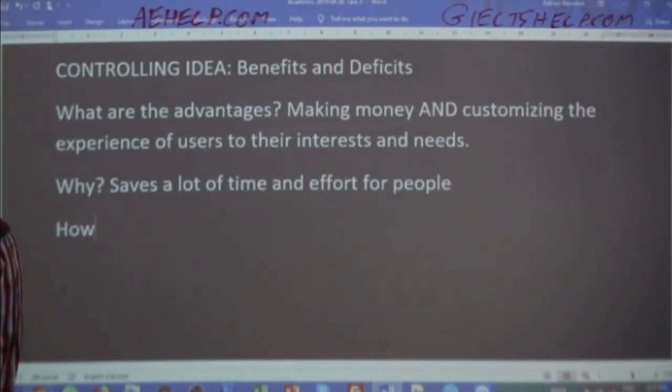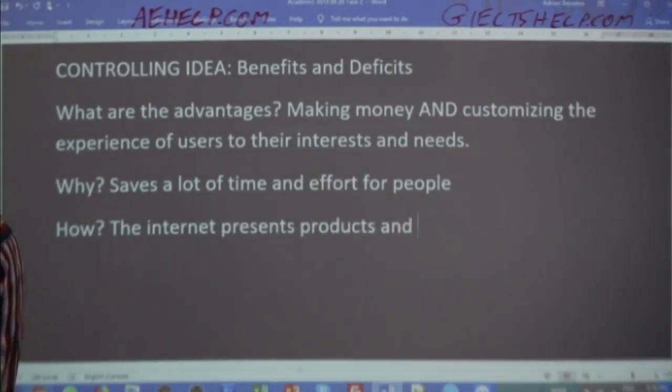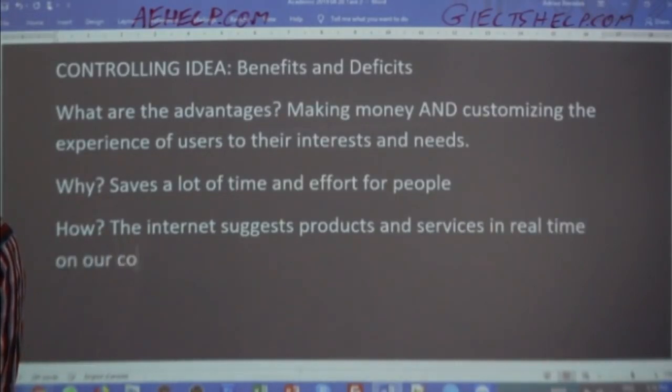How? Well, that's an easy one. The internet presents and/or suggests products and services in real time on our computers, phones, right?